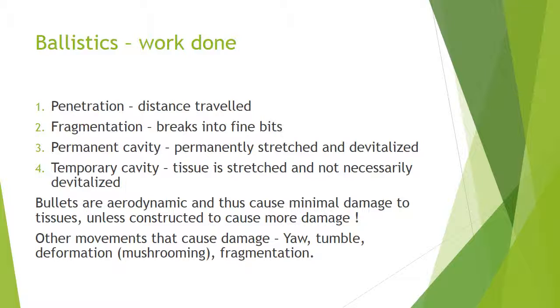There are certain other movements that cause damage, such as yawing and tumbling. Yaw and tumble basically mean the bullet is not traveling in a straight line, but keeps spinning. If the backside of the bullet is spinning, that's called a yaw, whereas if the bullet is spinning on its own axis, it's called a tumble.